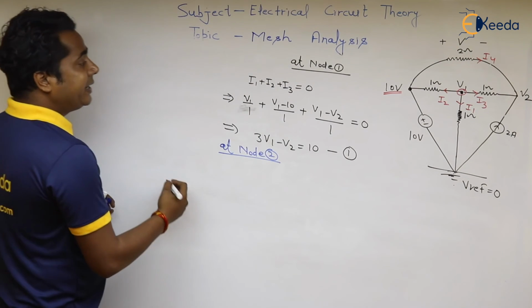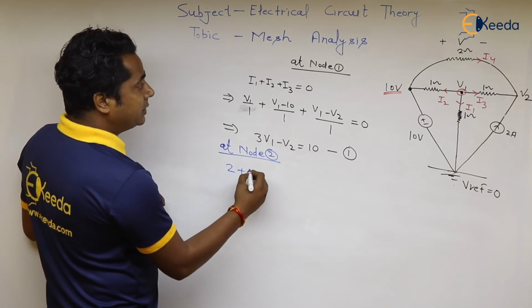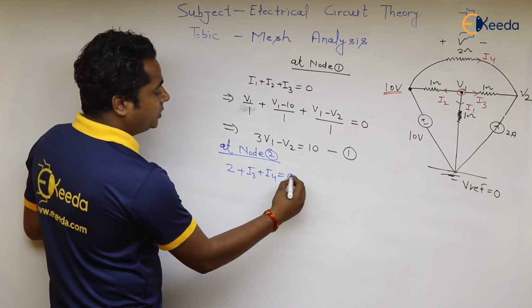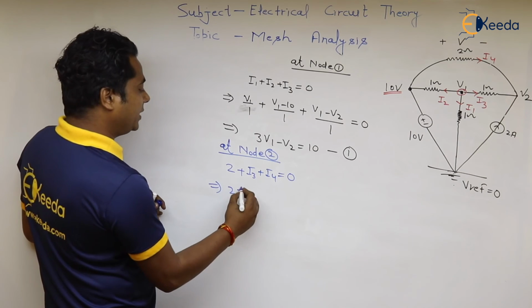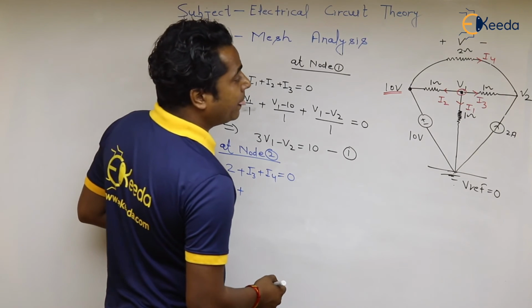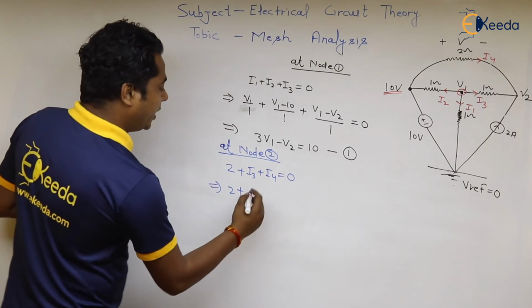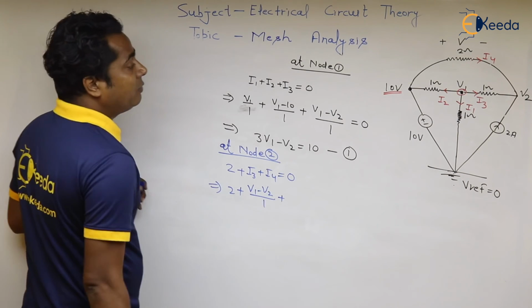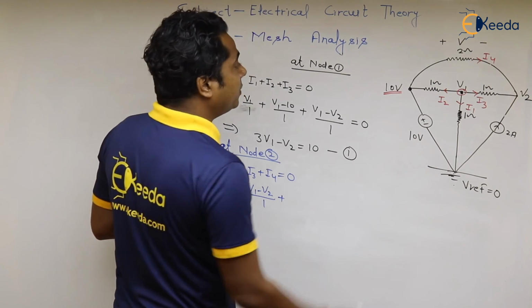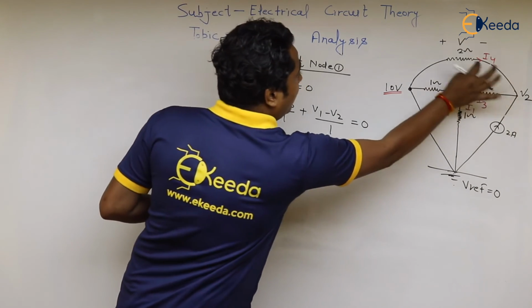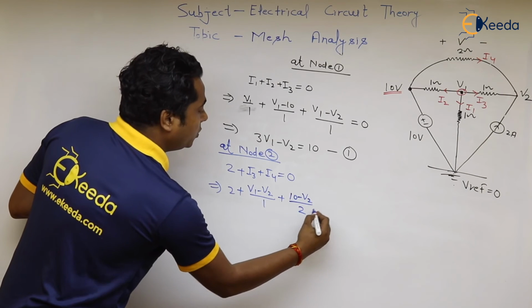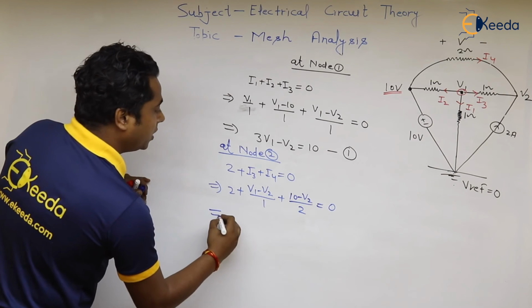So while applying KCL, 2 plus I3 plus I4 is equal to 0, with the value of I3 equal to V1 minus V2 upon 1, plus the value of I4 equal to 10 minus V2 upon 2, is equal to 0.